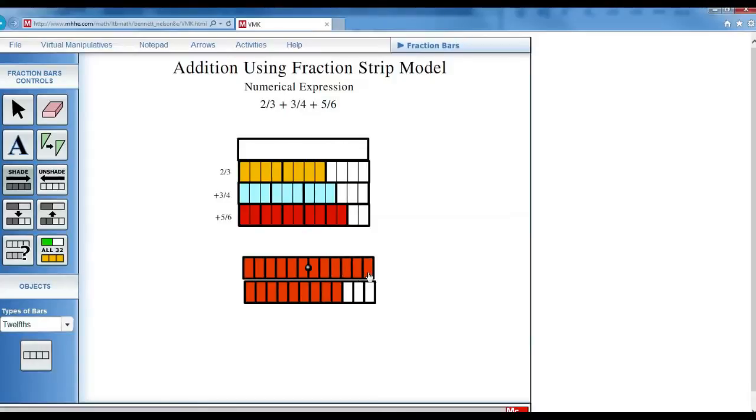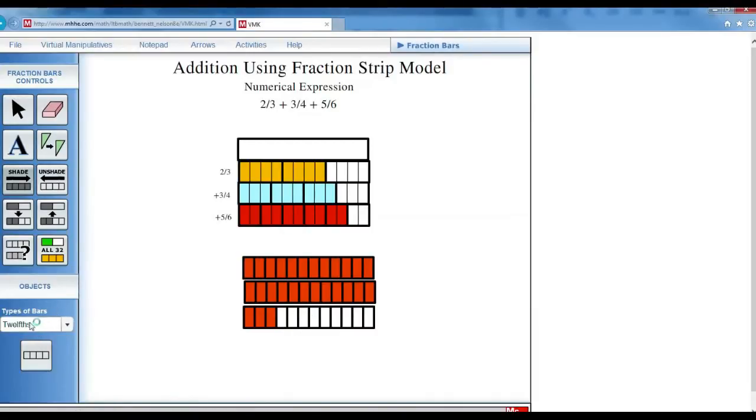And it looks like I need another strip. 7, 8, 9, 10. Okay, so now I've covered all of my strips.